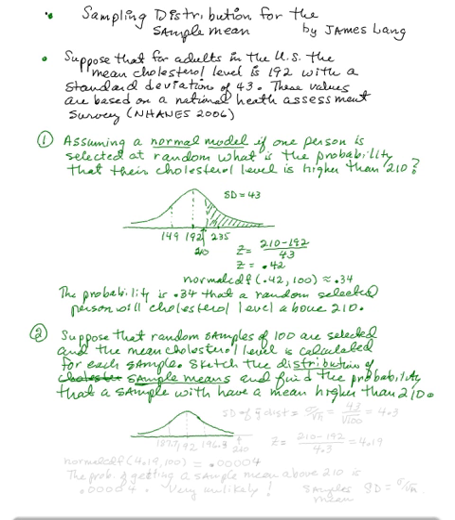It's size 100. And so we can sketch this distribution. The center of the distribution of sample means will be the same as the center of the population. In other words, the mean will be the same, which is 192.